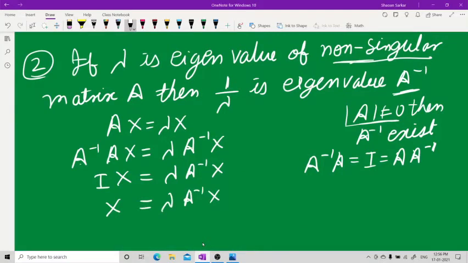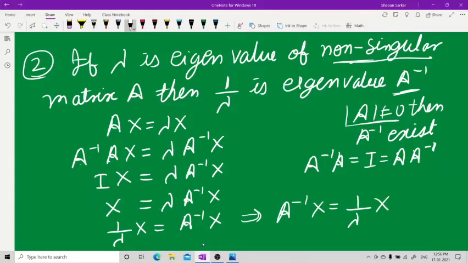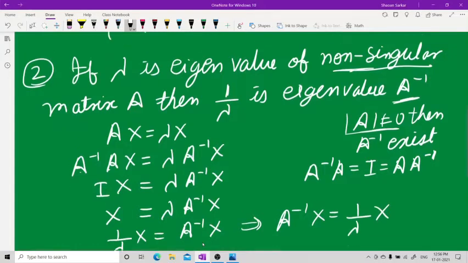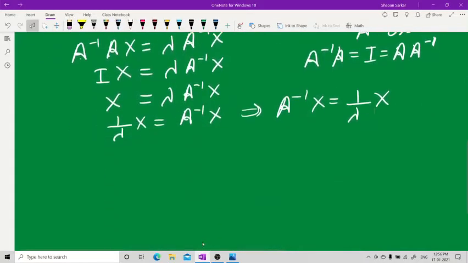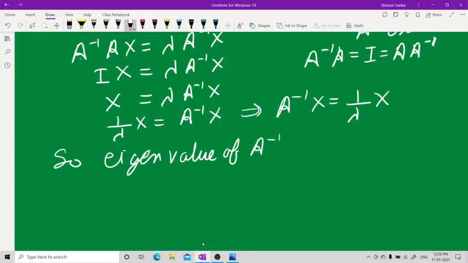Now just take 1 upon lambda x is equal to A inverse x. This implies A inverse x is 1 upon lambda x. So the eigenvalue of A inverse is 1 upon lambda.